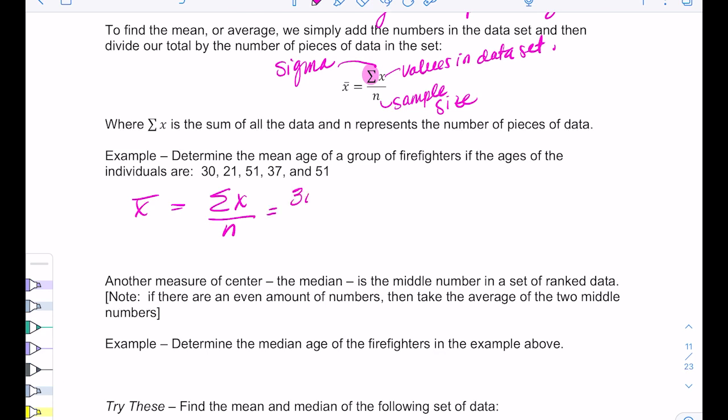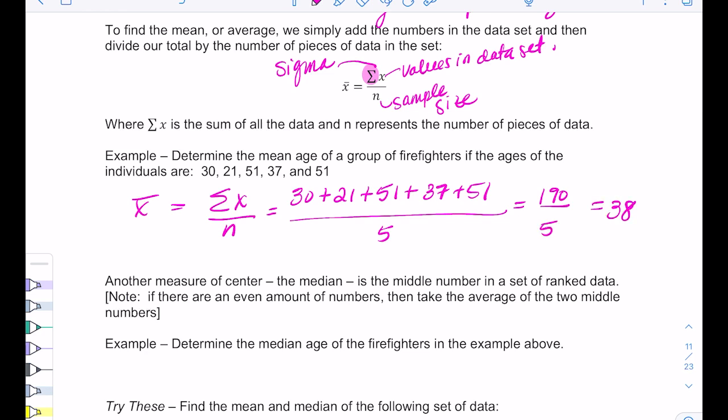So here I'm simply going to add 30 plus 21 plus 51 plus 37 plus 51, and I'm going to divide by 5 because there are 5 numbers there. When you add the numerator, you get 190. And when you divide, 190 divided by 5 is 38. So the average age of firefighters in that sample is 38 years old.